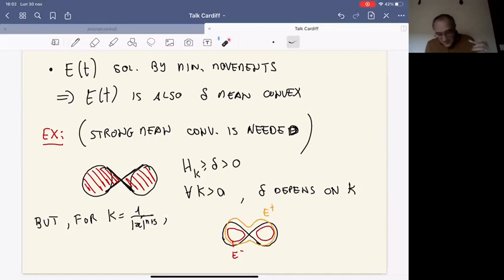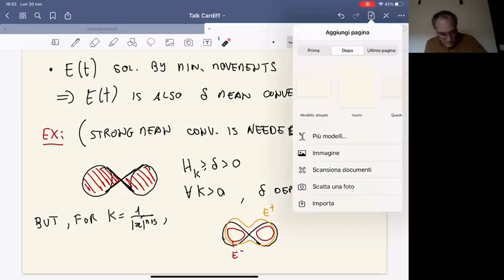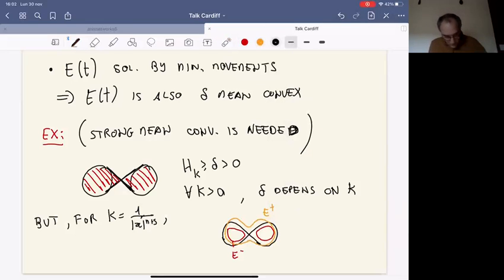And then I will conclude with a remark: this does not happen for smooth initial data, as I said, but also it does not happen if the kernel is in L1.